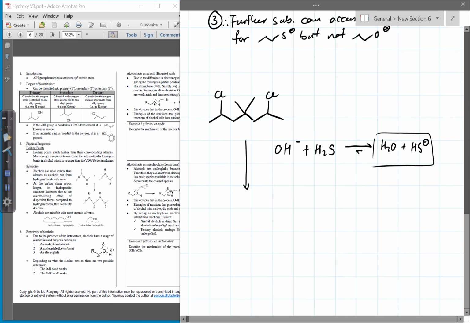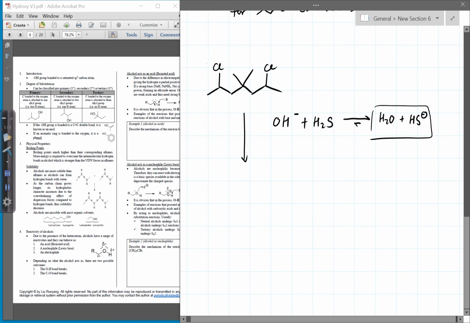So now what will happen is that your HS minus, which is a nucleophile, right, will attack one of these to become SH, right? H2O does nothing because, like what I mentioned, HS minus is a stronger nucleophile than your H2O. Because this is negative charge, your H2O is neutral. So only your HS minus will do the attack, right?